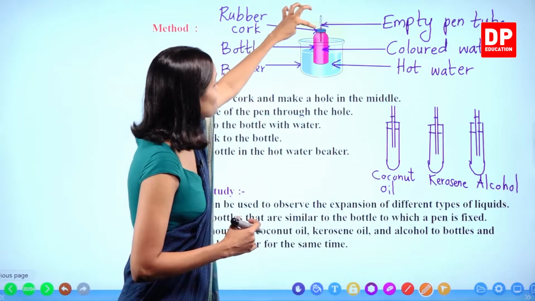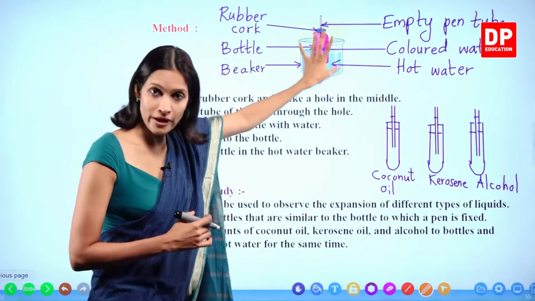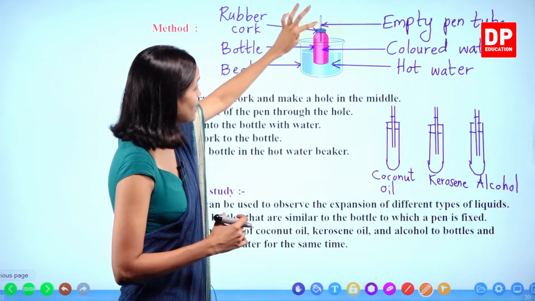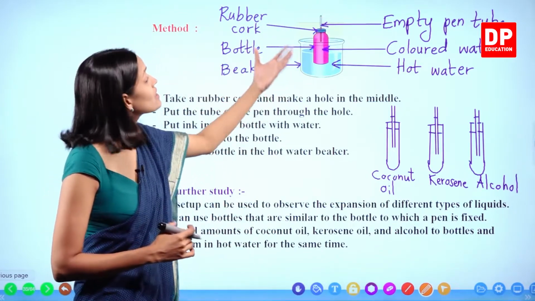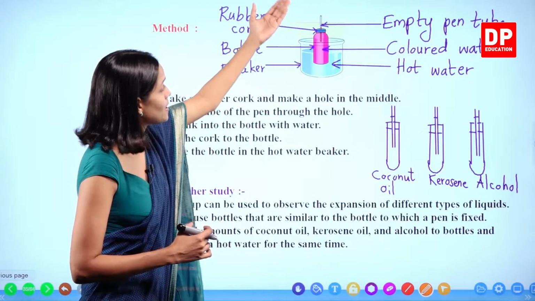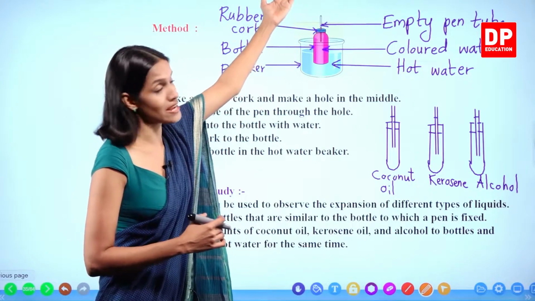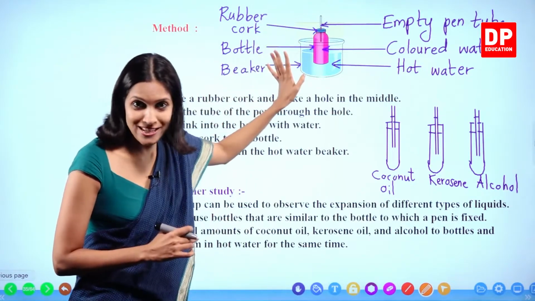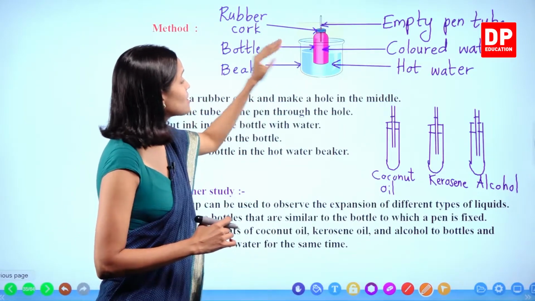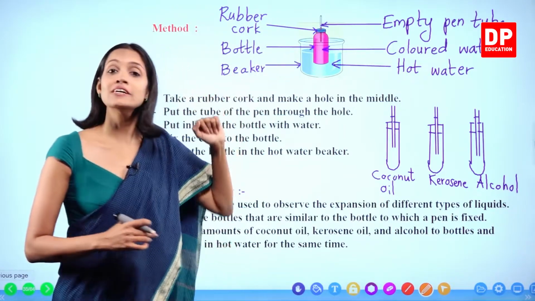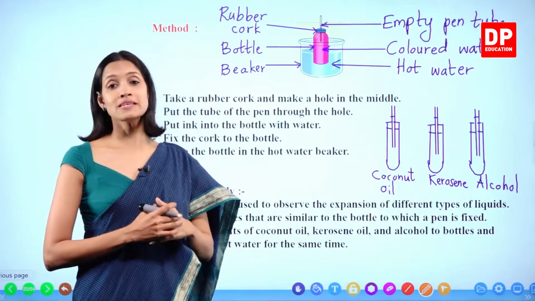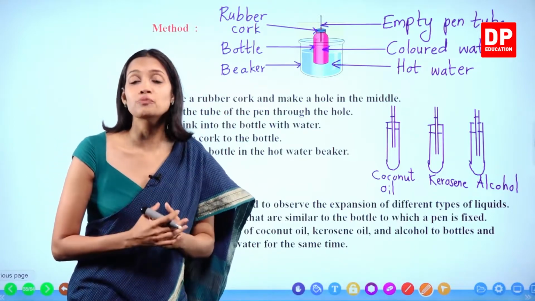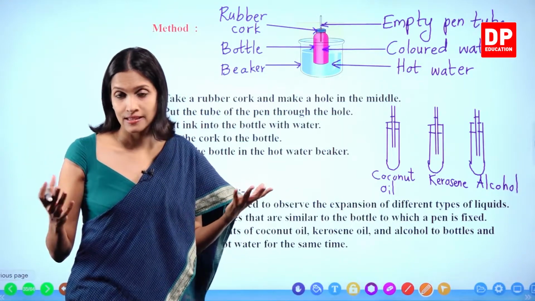So earlier, up to this level, it occupied the space inside the bottle and inside the empty pen tube. But because of the increased amount of volume, what happens? This water level rises. Okay, children, which means when we supply heat, the liquids expand. Expansion of liquids means because of heat, the volume of the liquids increases.